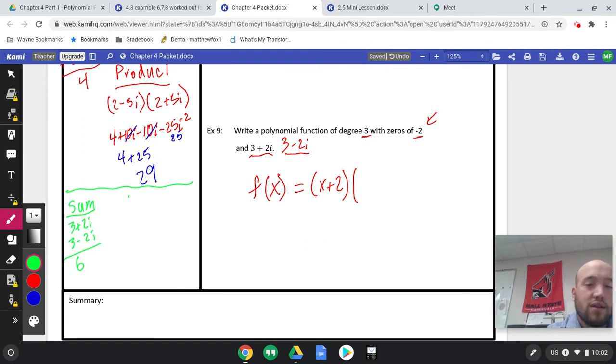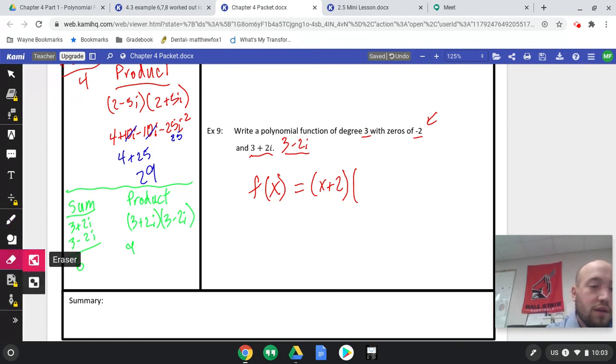Now the product, we're going to take 3 plus 2i times 3 minus 2i. 3 times 3 is 9. We're going to have 9 minus 6i plus 6i.